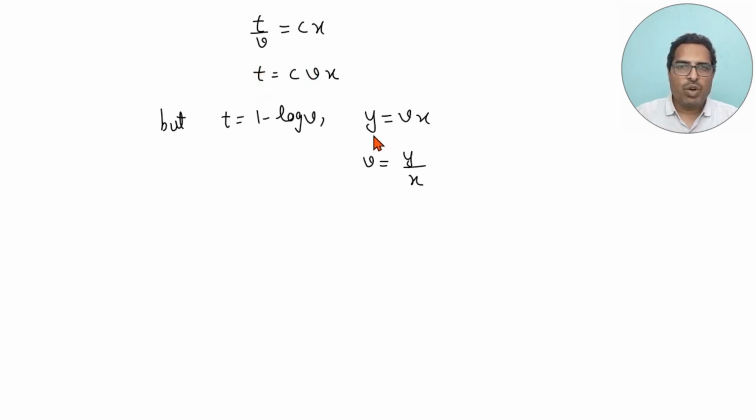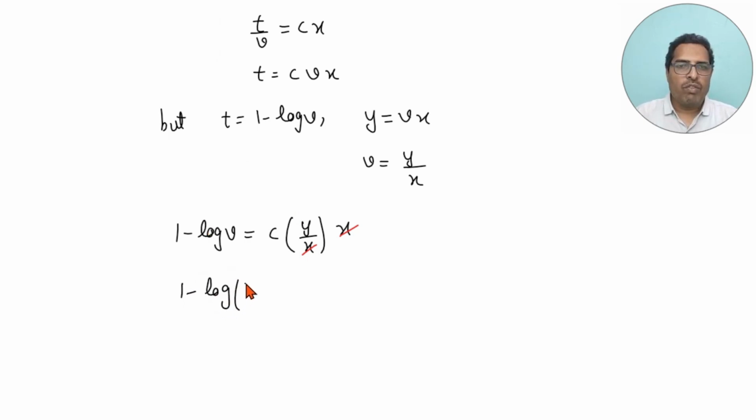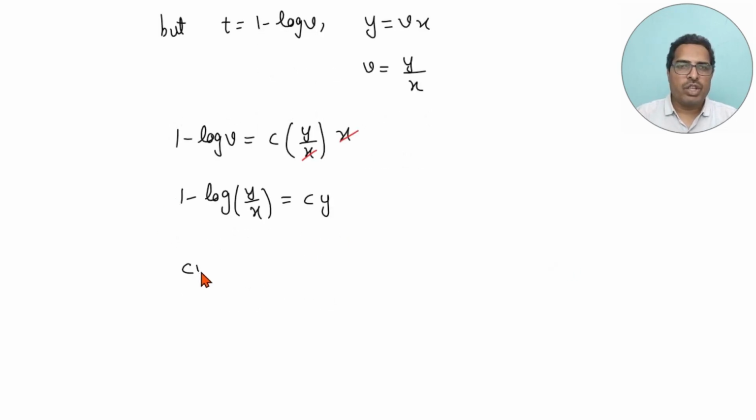So here t value is 1 minus log of v is equals to c into v value is y by x times of x. But we see that this x and x will cancel out. But still we have v over here, v value is y by x. 1 minus log of y by x is equals to c times of y. Or you can rewrite this as cy to be equals to 1 minus log of y by x.